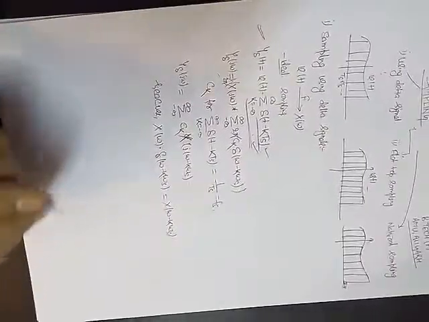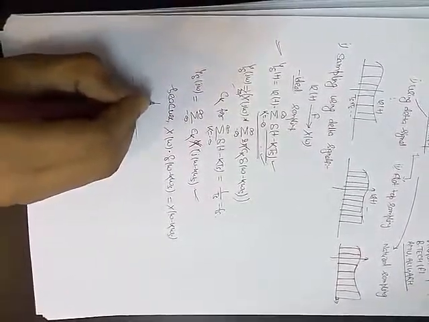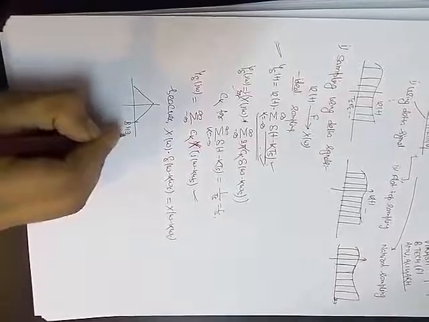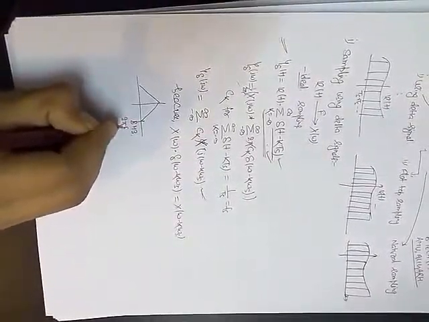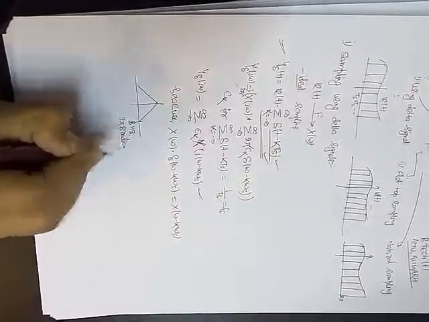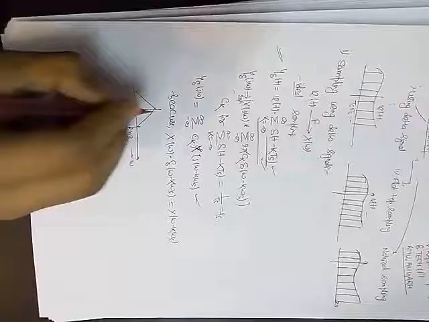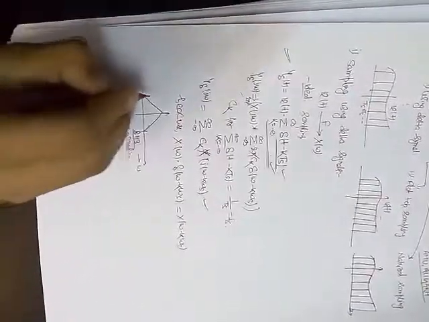So what we can see from here is, if X(ω) is something like this, band limited to B hertz, or in radians, 2πB radians. For simplicity, we are not going in frequency.